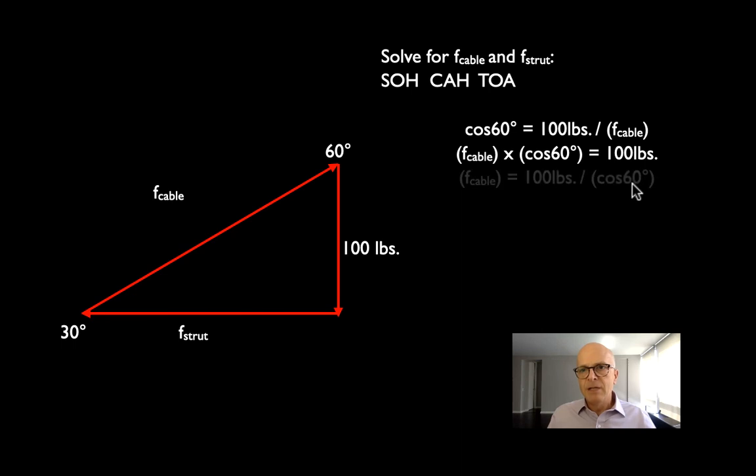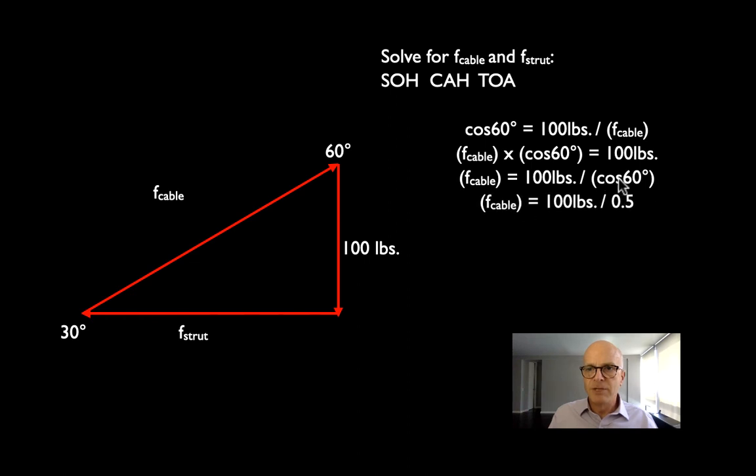We again do our algebra to move all of the knowns to one side, all of the unknowns to the other. We get 100 pounds over cosine 60. We do cosine 60 on our calculators, and we find that that is 0.5, and the force in the cable, therefore, is going to be 100 pounds divided by 0.5, or 200 pounds.